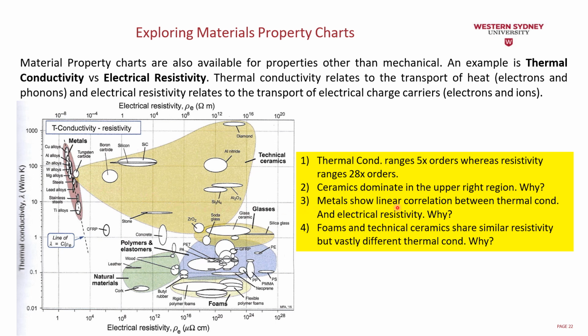We can also see that the metals show a linear correlation between thermal conductivity and electrical resistivity. Now, I would like to answer why. The foams and the technical ceramics share similar resistivity but are vastly different in thermal conductivity.